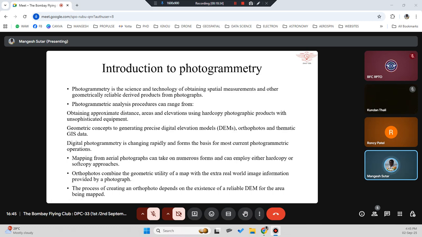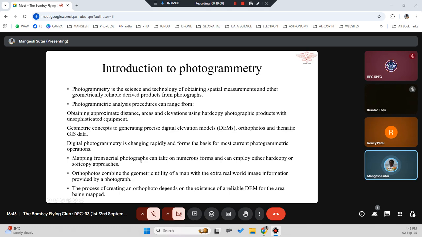It has come up as a subject of study, and people are doing a lot of courses. There are a lot of courses available, like GIS analyst, and all these new roles have come up where people are learning to study the photographs and the data generated from the GIS data.